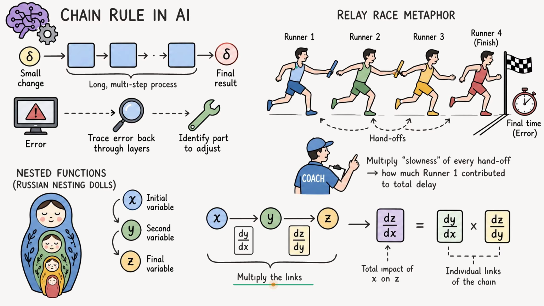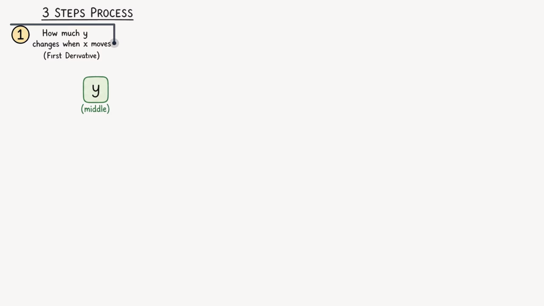Now that we see how the chain links multiply together visually, let's break down exactly how we calculate these specific links step by step. To visualize this chain rule process, we can break it down into 3 distinct steps. First, you calculate how much your middle variable, y, changes when the initial input x moves.